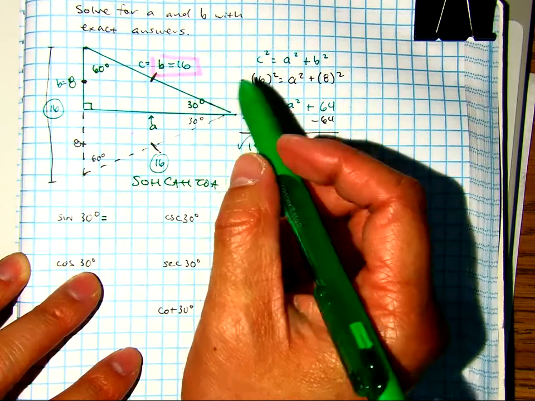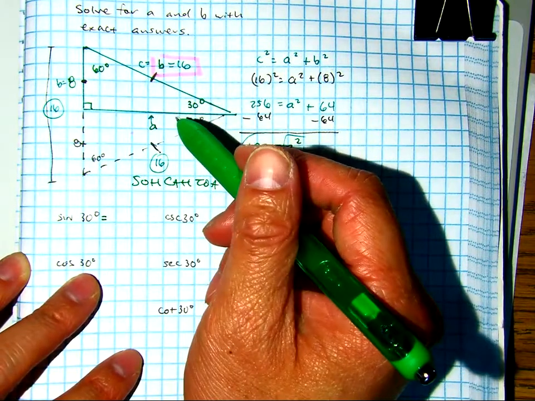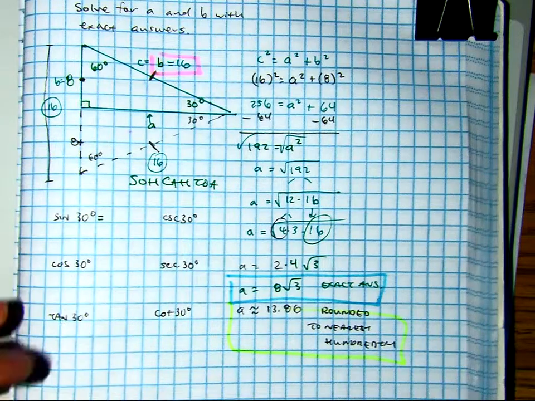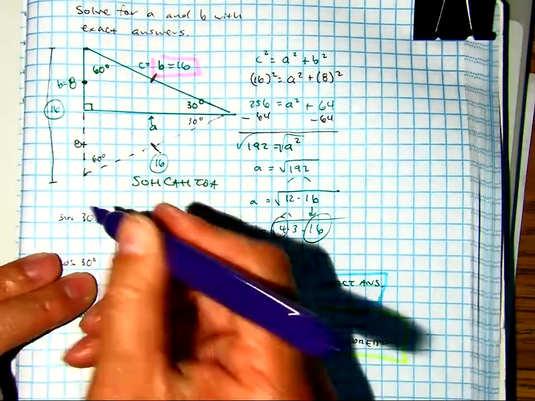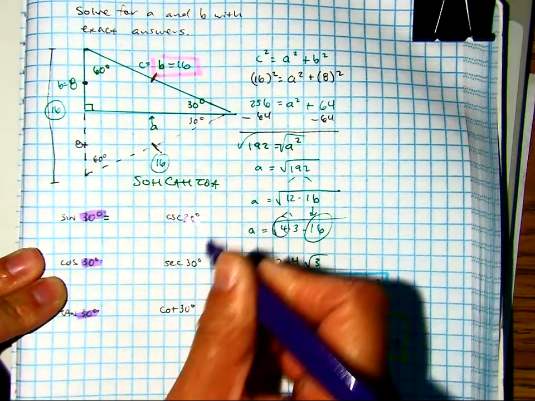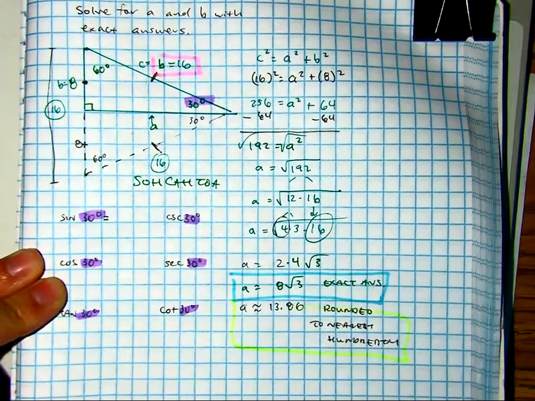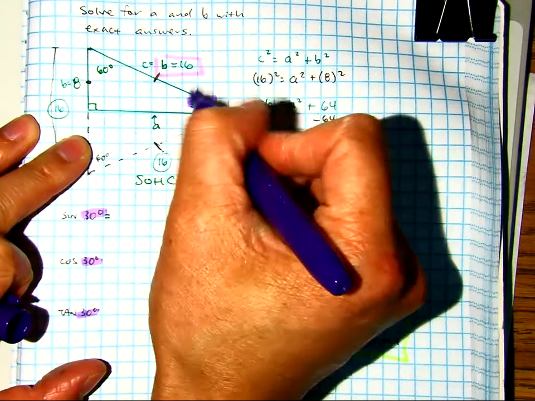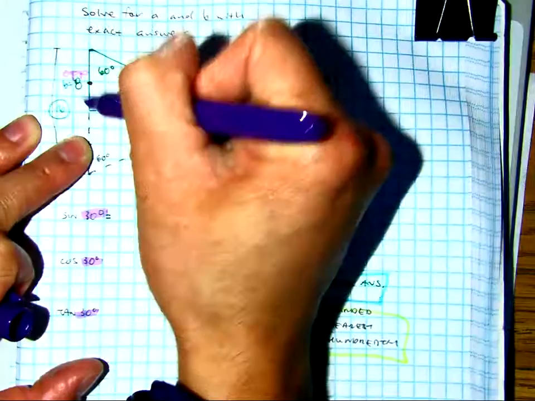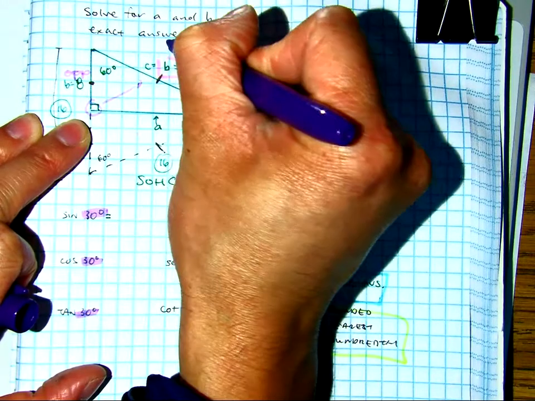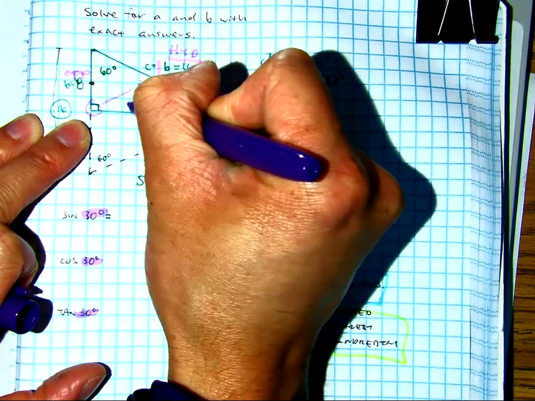So let's use a different color. 30 degrees here is my starting point. Then I can say that this is my opposite across the right angle. This is the hypotenuse, and this side is the adjacent. And we just solved the adjacent side to be, let's use 8 radical 3.